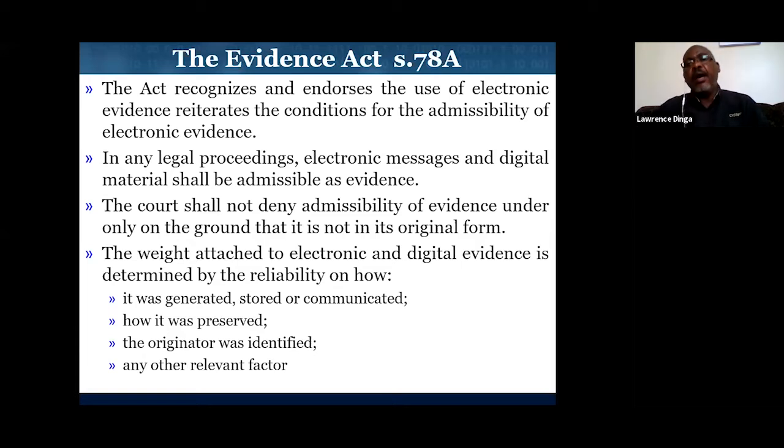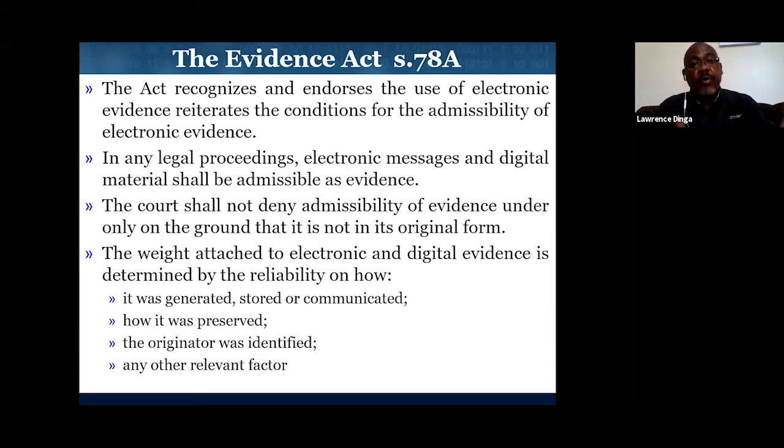78A. Now, section 78A must be read with another section, 106B, subsection 4. So it deals with electronic evidence. However, you cannot just bring a WhatsApp in court and say, yes, this is the WhatsApp, that is the evidence.